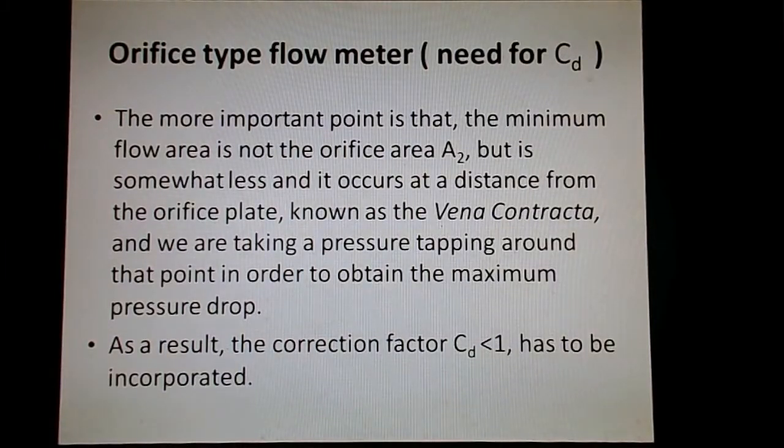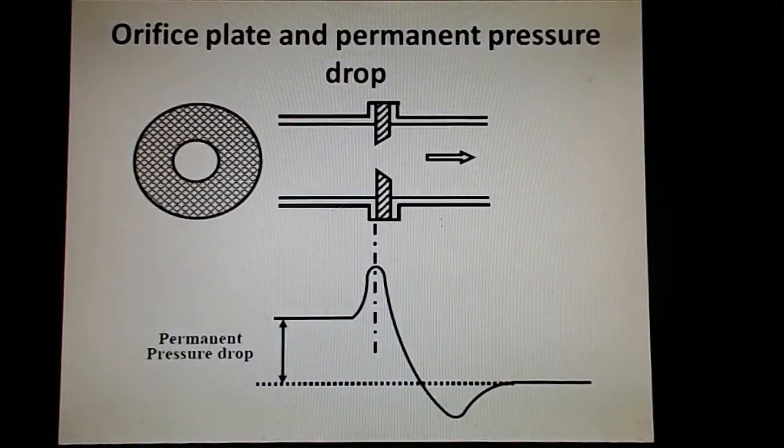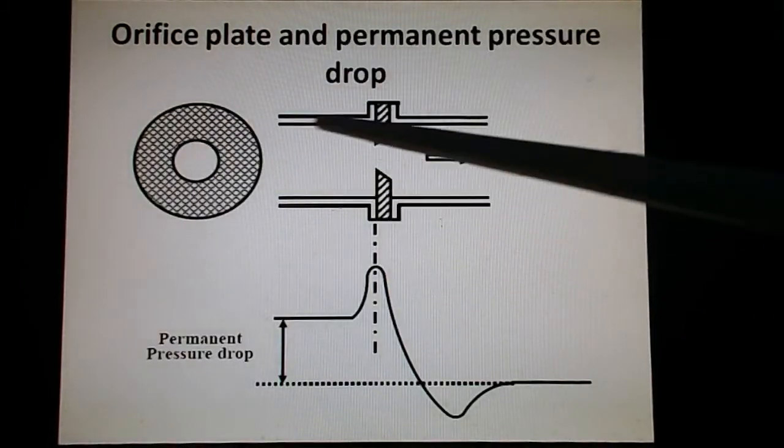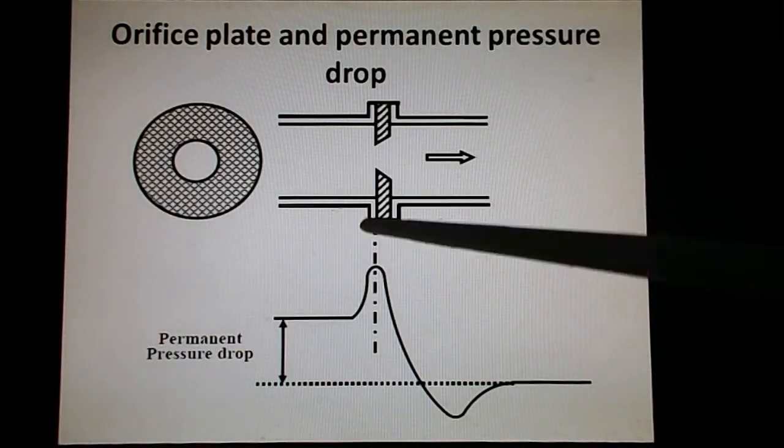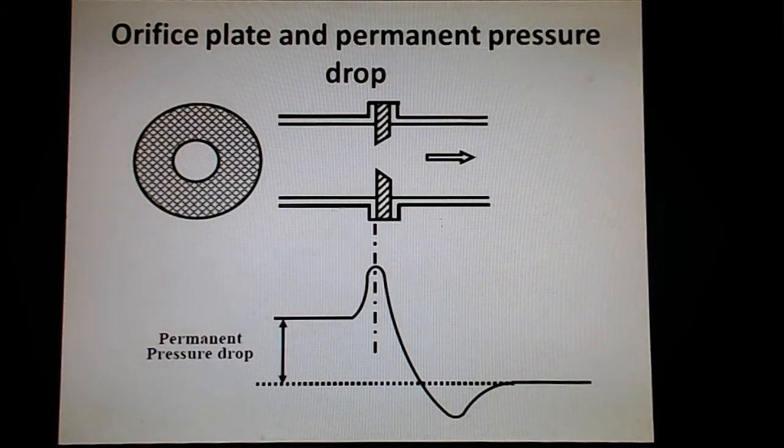So one drawback of the orifice plate is that we have to use the coefficient of discharge and it is less than 1. Another factor is the permanent pressure drop across the orifice plate. Here we see that the flow is moving and abruptly there is an obstruction.